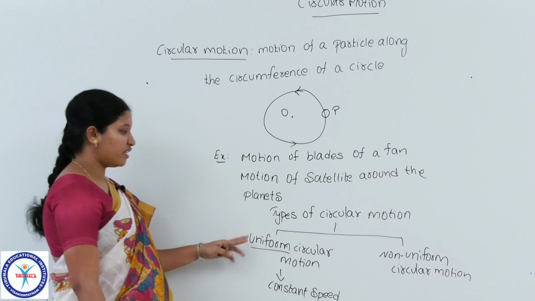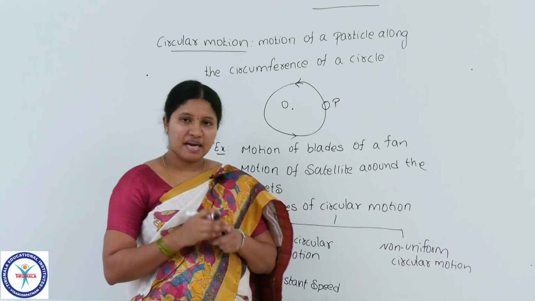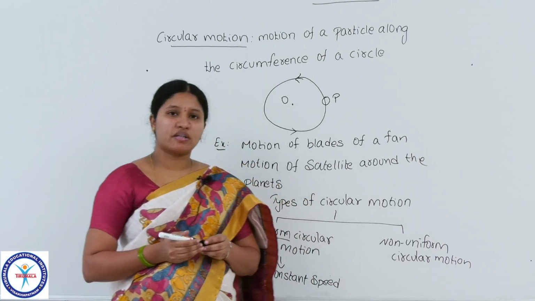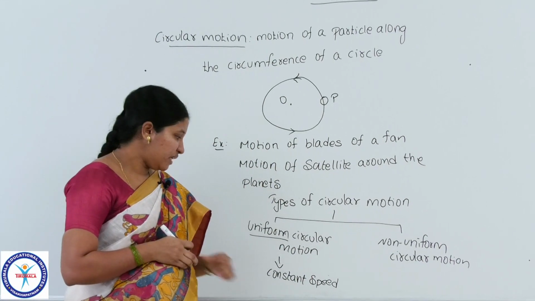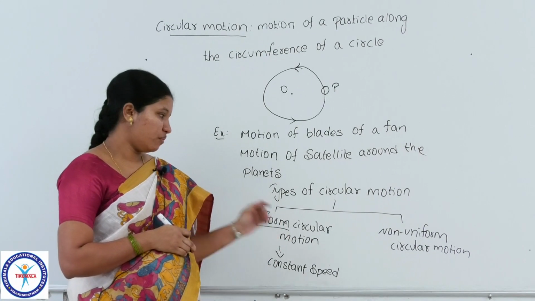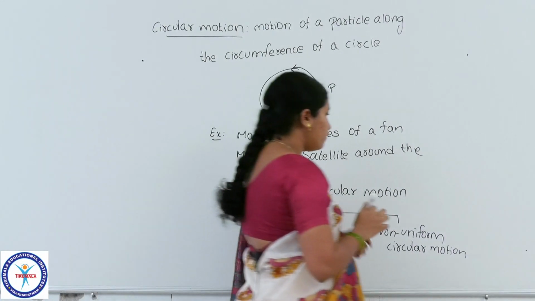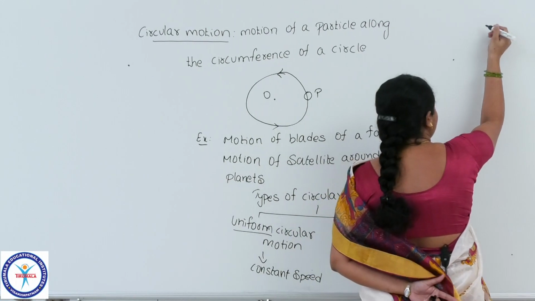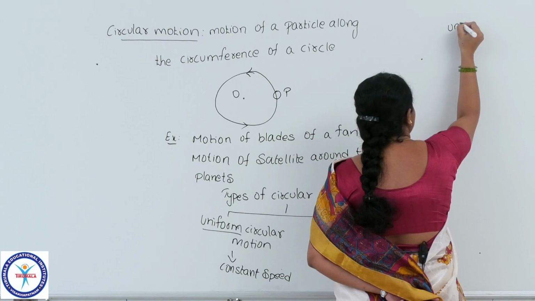If a particle is moving in a circular path with constant speed, then that type of motion is known as uniform circular motion.